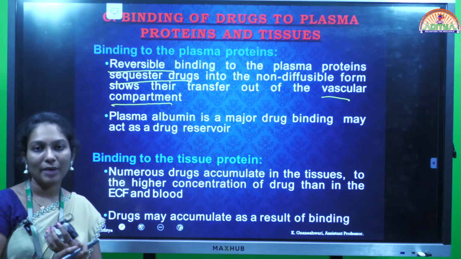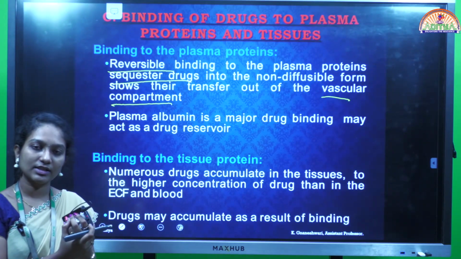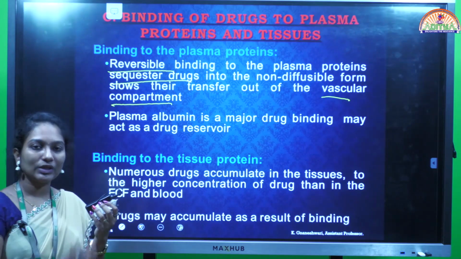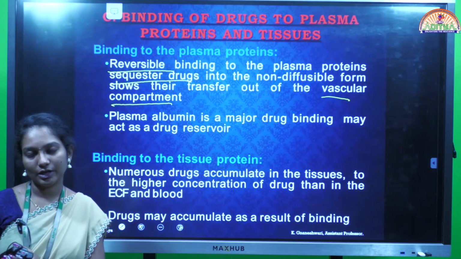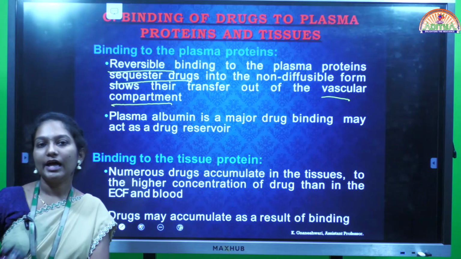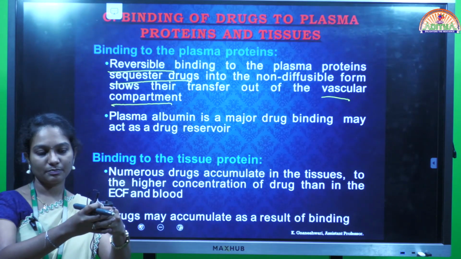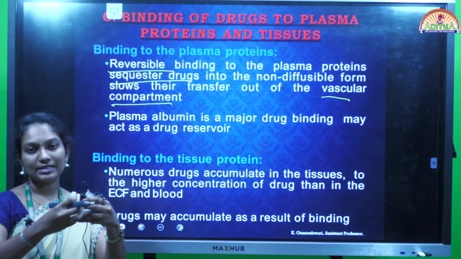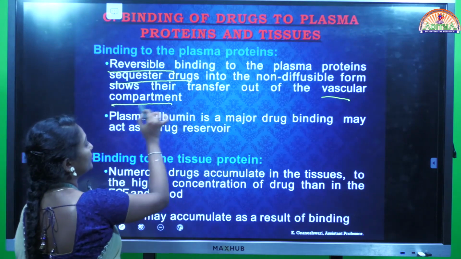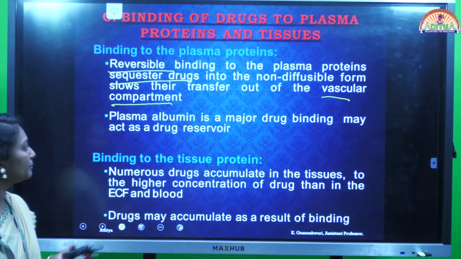It has just bound up. So this bound drug will get slowly released. Once the free drug is eliminated, whatever bound drug is present on the protein will slowly detach, and then enter into the other vascular compartments.